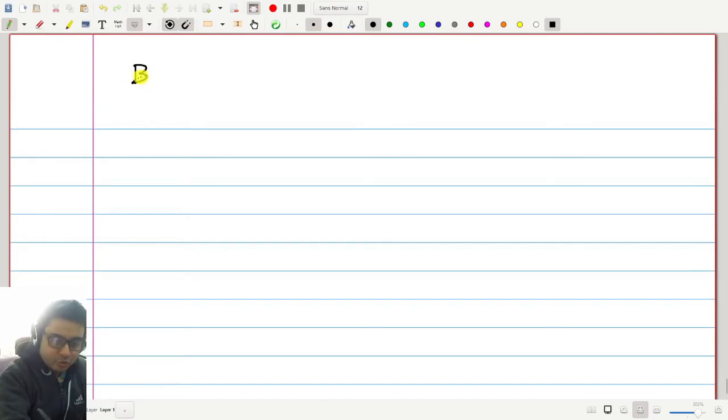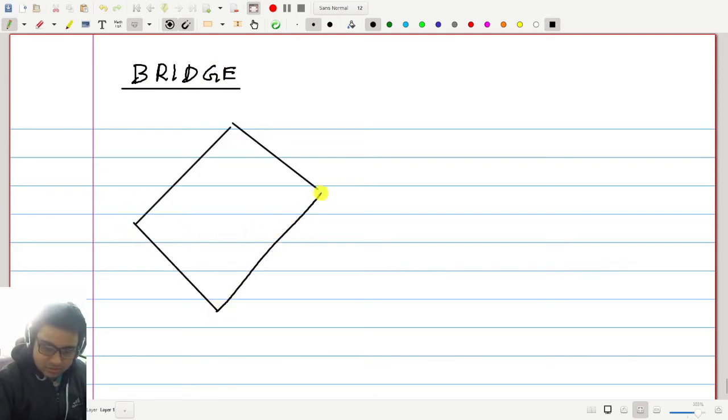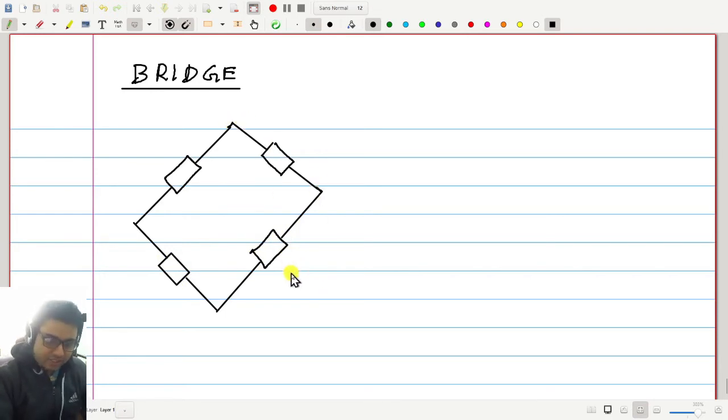Now let me come to bridge circuits. Okay. So we all have studied the Wheatstone bridge where we have 4 resistances, but now we will put 4 general impedances, maybe resistance, maybe inductor, capacitor or their combinations.